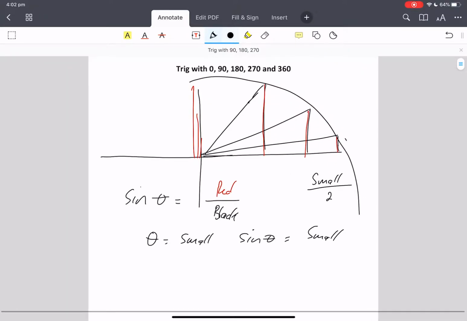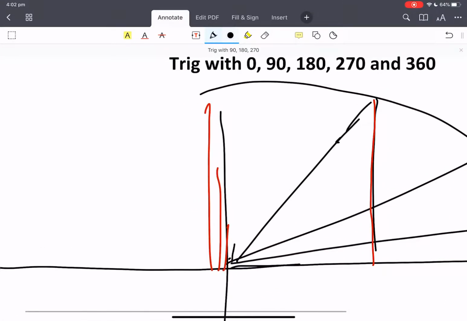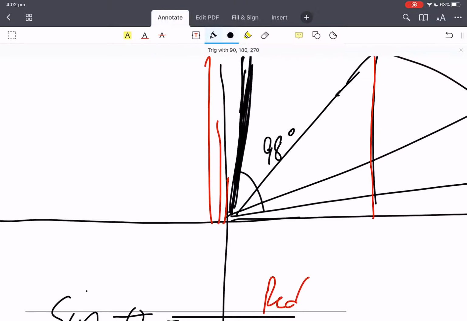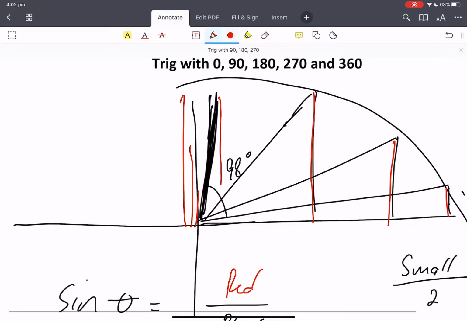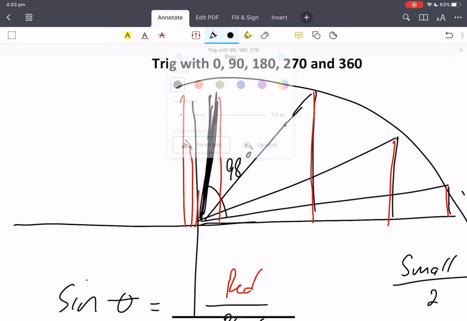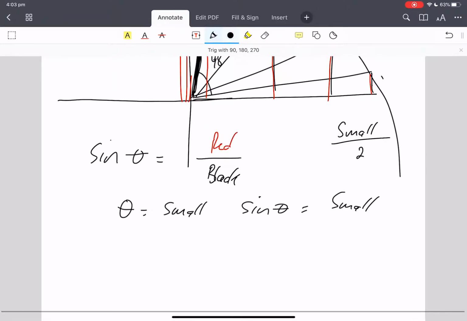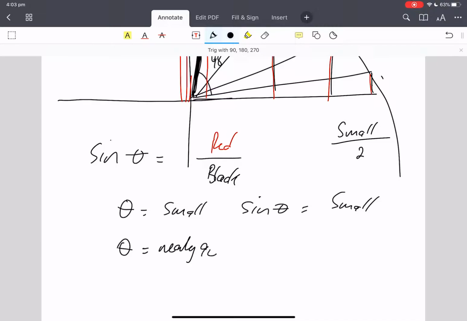If I choose a really big theta close to 90, so let's just go 98 degrees, then my red line and my black line are nearly going to be the same, aren't they? Theta's not small anymore, it's nearly 90.